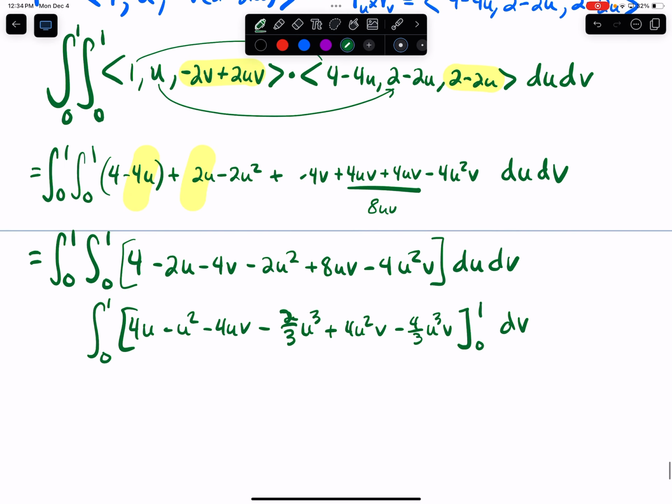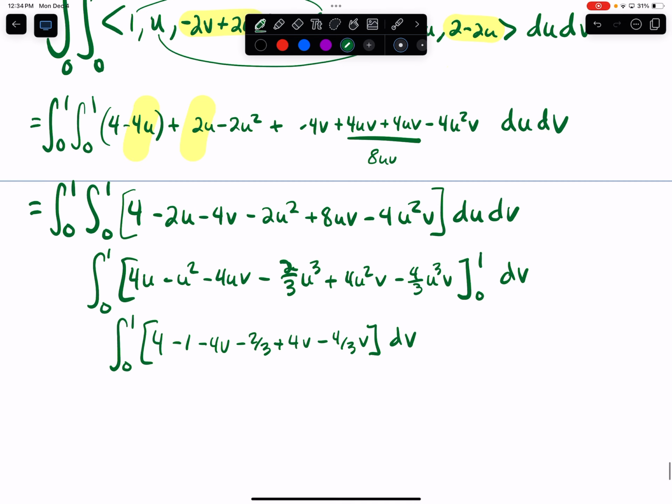Okay. So plug in 1 for your u's, so you get 4 minus 1 minus 4v minus 2/3 plus 4v minus 4/3 v, 0 to 1 dv. 4 minus 1 is 3, minus 2/3.